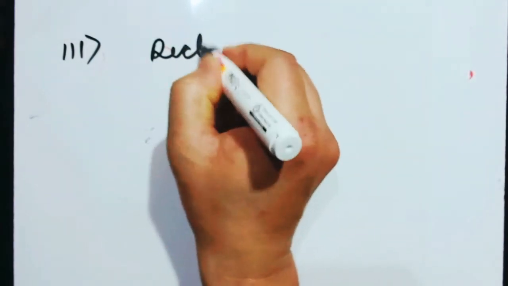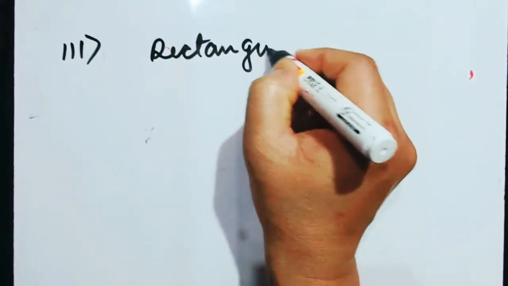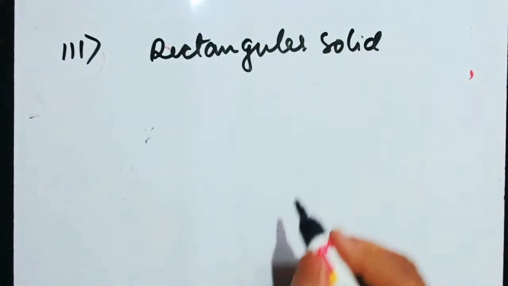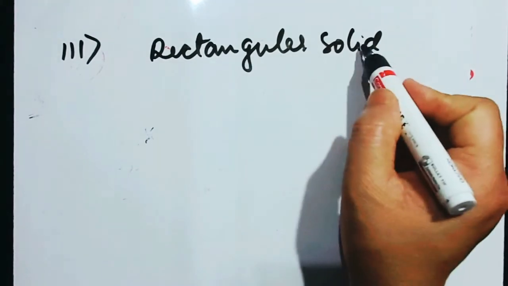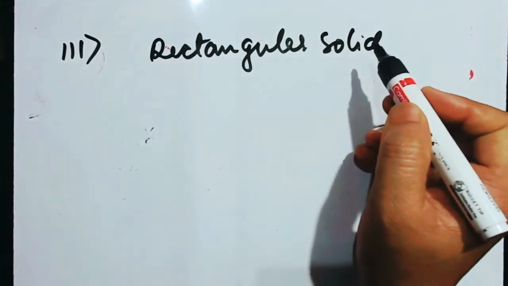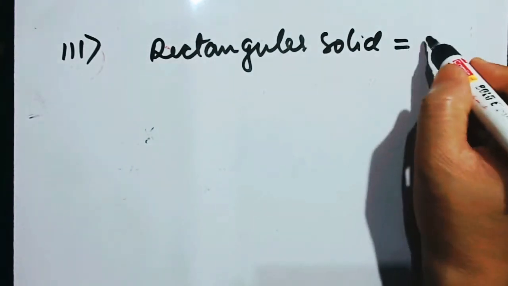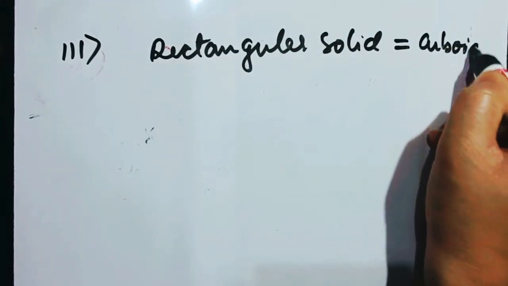The third one says the breadth and height, that is of a rectangular solid. Since it is a rectangular solid, if it would have been a square solid, it would have been called a cube. If it is a rectangular solid, they are talking about a cuboid. Clear?